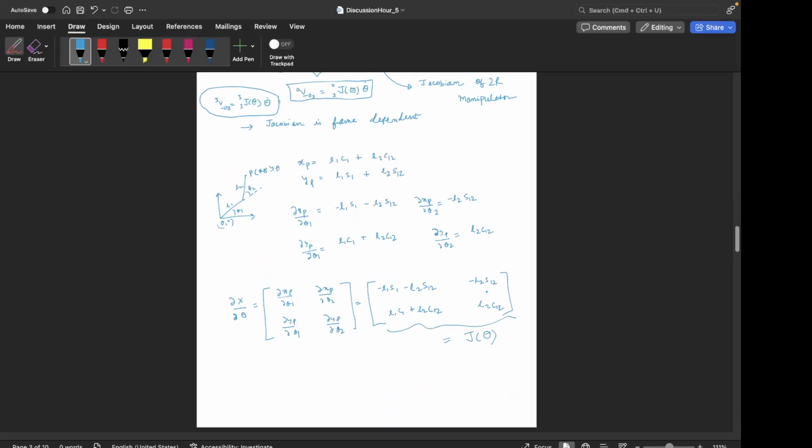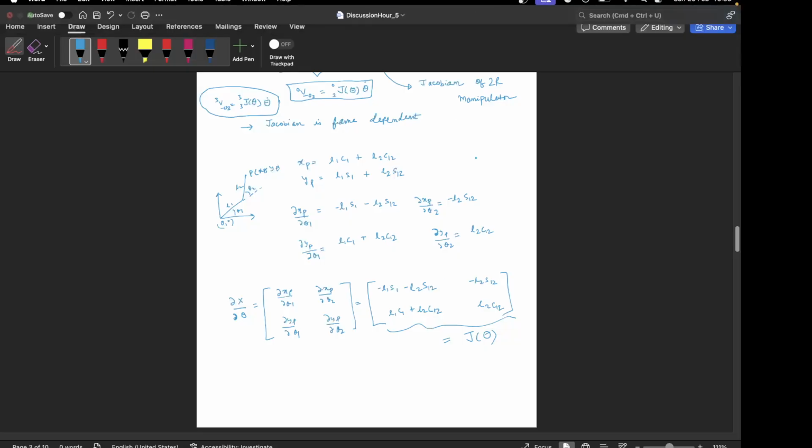So this is the Jacobian. What does the Jacobian give us? If we know the joint velocities and the joint angles, that is, the configuration of the manipulator, and how fast the joints are moving, then we can find out the end effector velocity. And the other way around, if the end effector velocity and joint angles are known, then we can find out how fast the joints are moving. So this forward and inverse problem we can solve very easily using Jacobians, right? Any questions up till here?